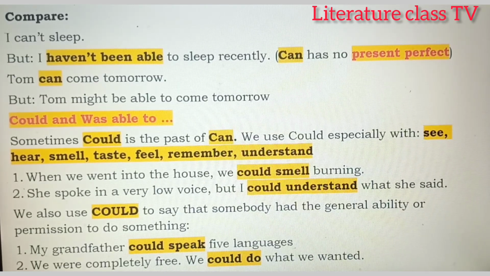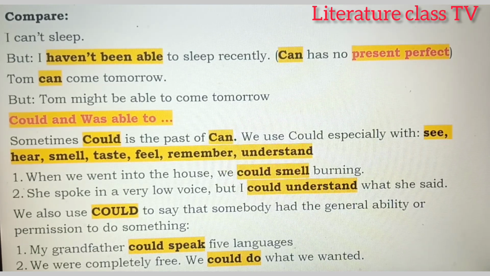I can't sleep. And I haven't been able to sleep recently. I haven't been able to sleep recently is the present perfect of be able to. But can has no present perfect.